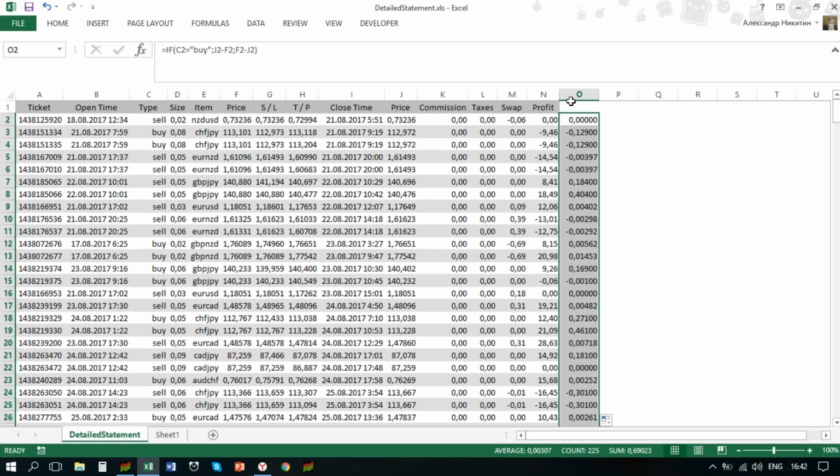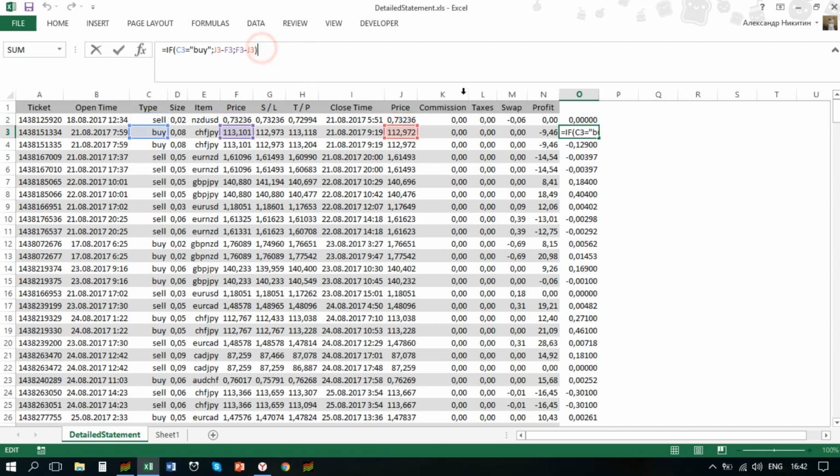Okay, done. So here I have some trades being yen pairs, and I have some trades not being yen pairs. We know that yen pairs are 3 digits, and those that are not yen pairs are actually 5 digits. Okay, let's suppose we have the 5-digit pair, so I am going to multiply by 10,000.